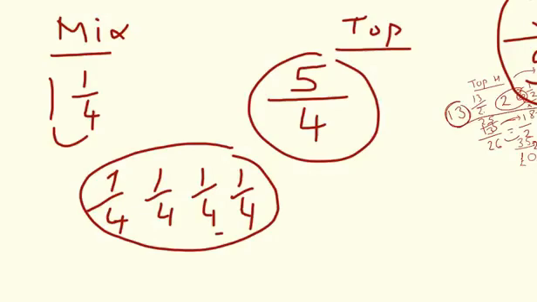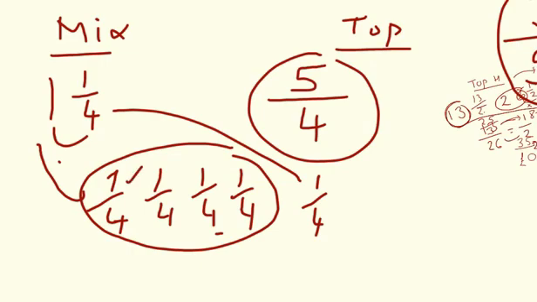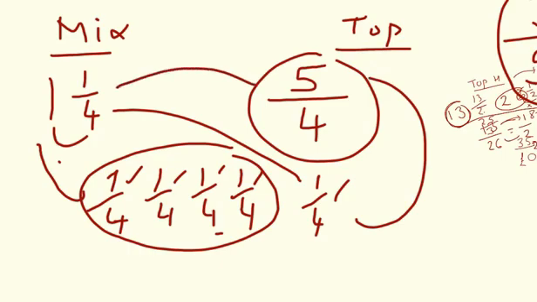But in this situation, you've got one whole, which is this circle, and then you've got an additional quarter, which is here. So then how many quarters have we got? We've got 1, 2, 3, 4, 5. Hence 5 over 4 is equivalent to saying 1 1/4. Make sense?